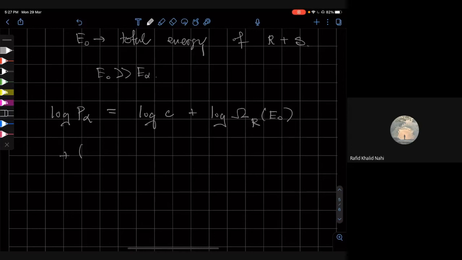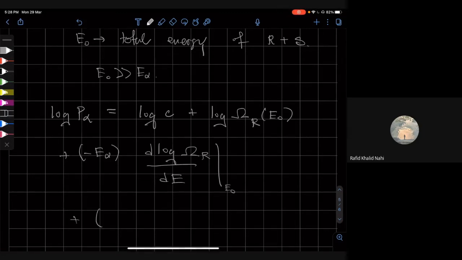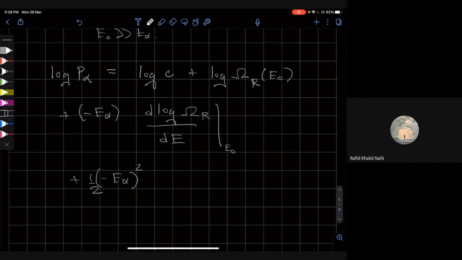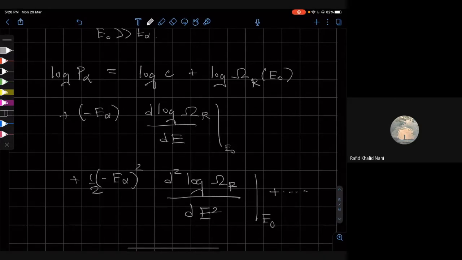And then we have minus E alpha times d log of omega R by dE, evaluated at E naught. And then we have minus E alpha squared divided by 2, times d squared log of omega R by dE squared, evaluated at E naught, and so on and so forth.